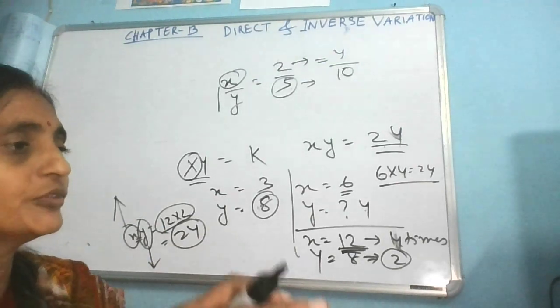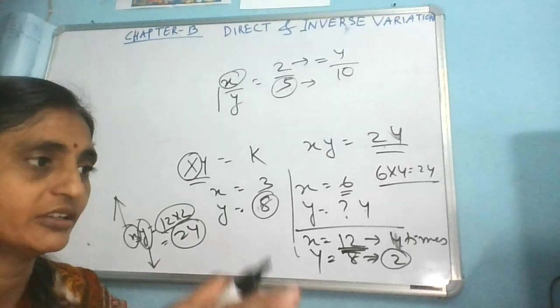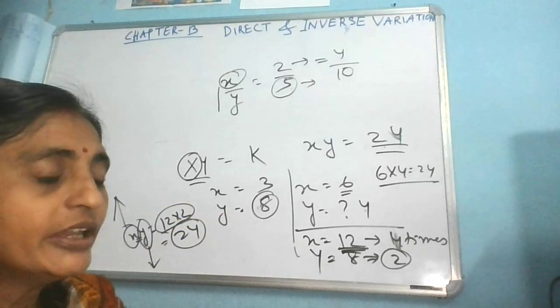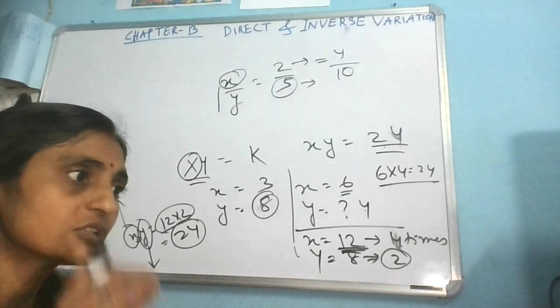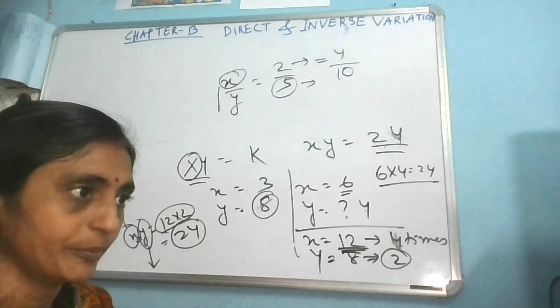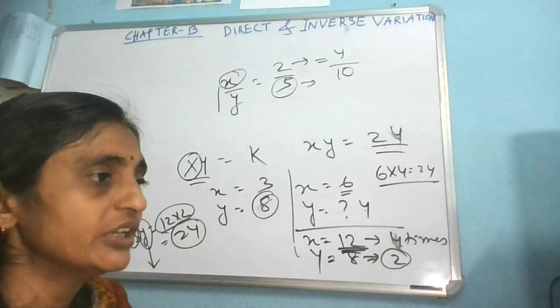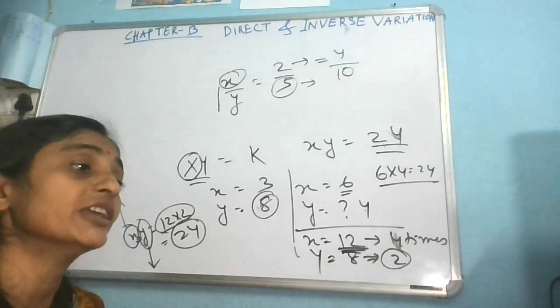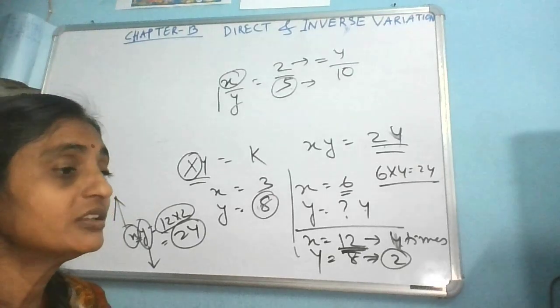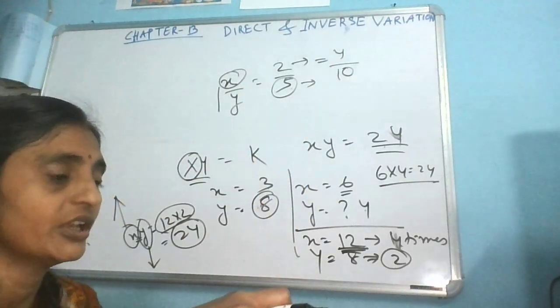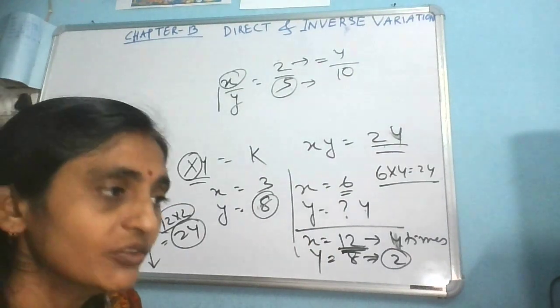If the increase or decrease is simultaneous in both quantities, it is direct variation, because the same thing is happening with both of them. Yes or no? But when the opposite happens, one is increasing but the other is decreasing, it is inverse variation.